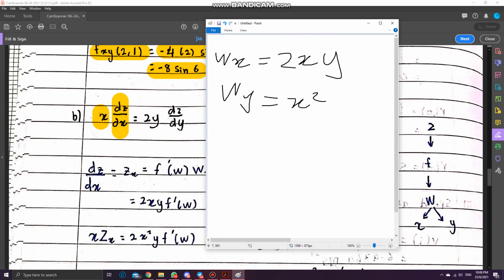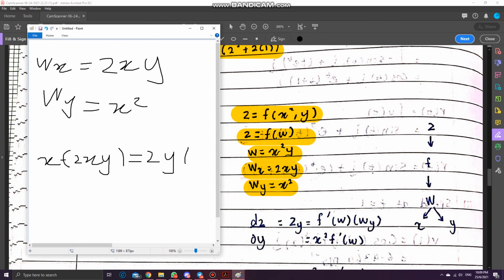So from here, in x dz over dx, we replace dz over dx with 2xy. So what we get is x times 2xy is equal to 2y, and dz over dy we replace with x square.